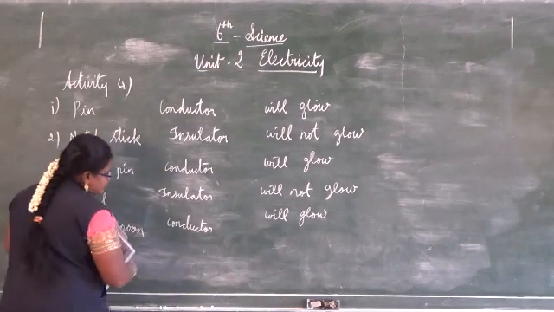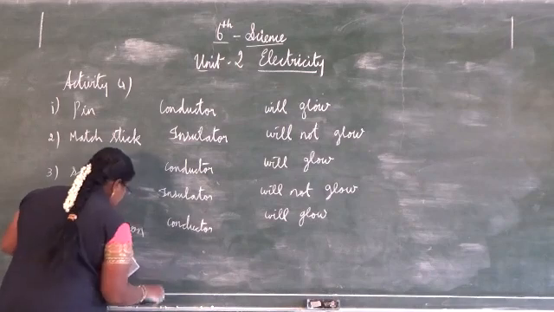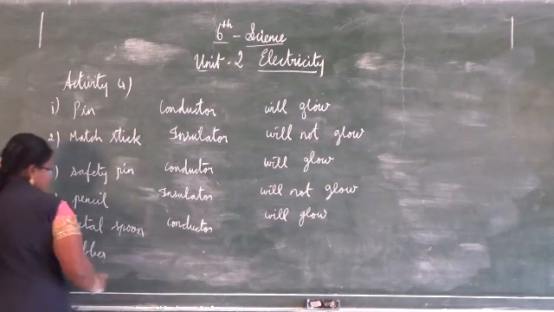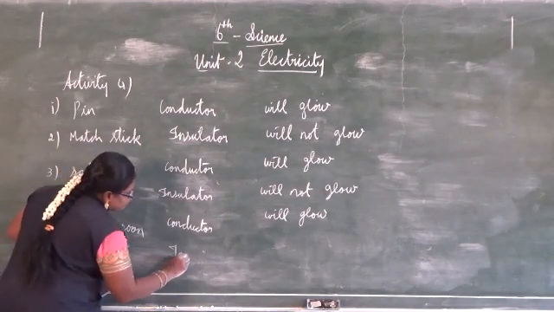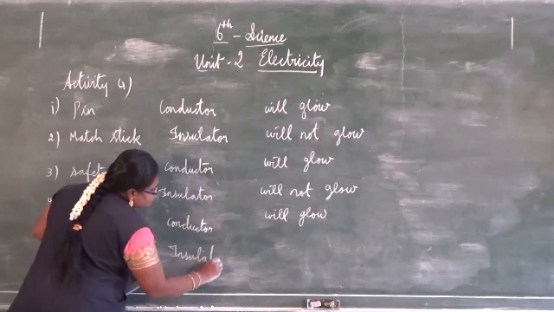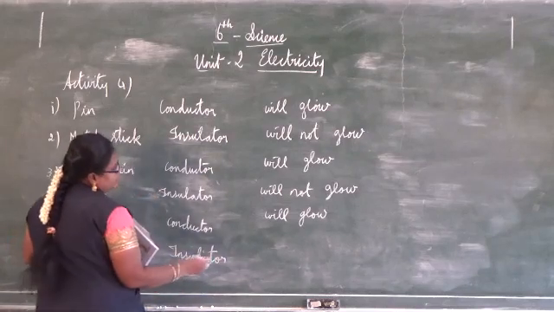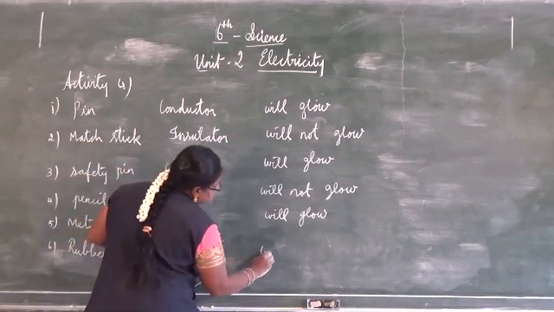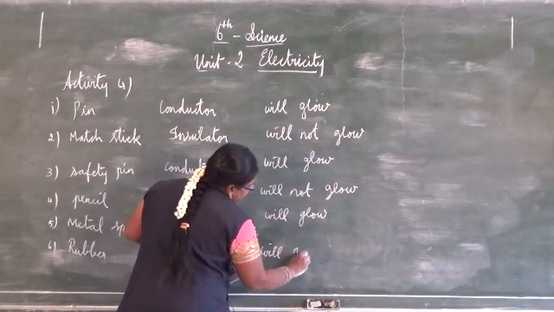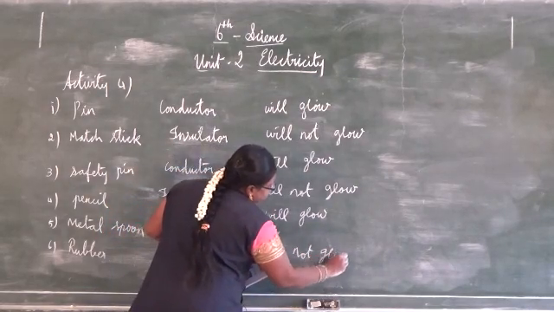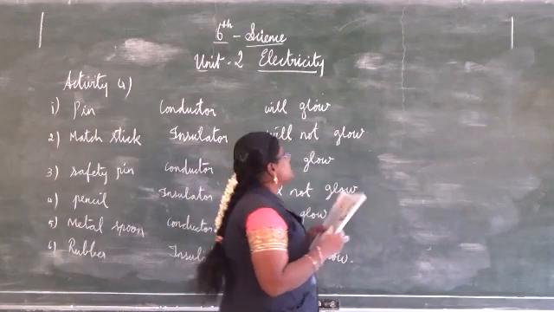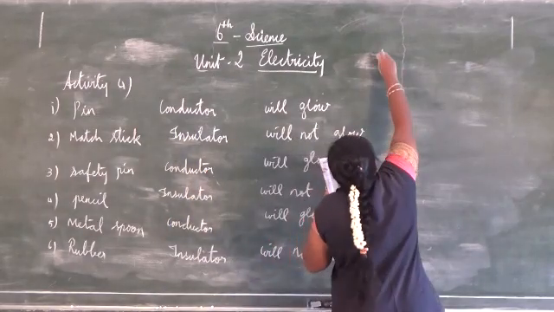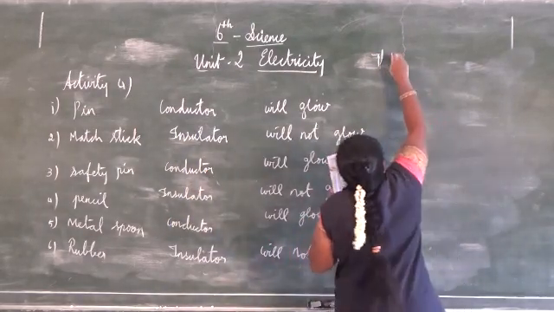It's an insulator, so the bulb will not glow. The seventh one is pen.